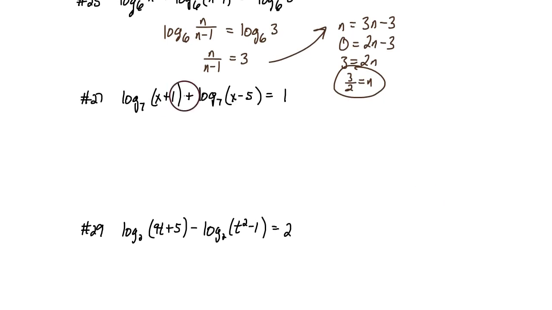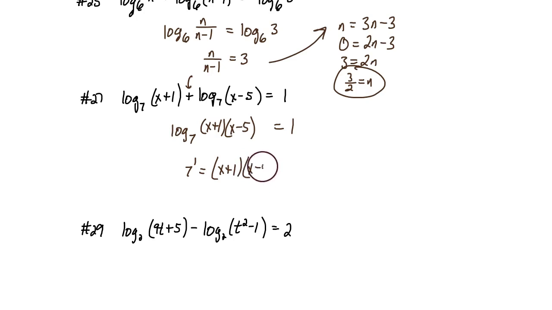Number 27, let's condense on the left side of the equation. Log base 7, and then when you have a sum of logs, it condenses into a product. So x plus 1 times x minus 5. We have 7 to the first power is equal to the x plus 1 times x minus 5. Let's do FOIL on that expression.